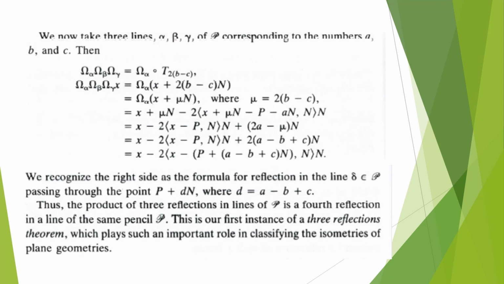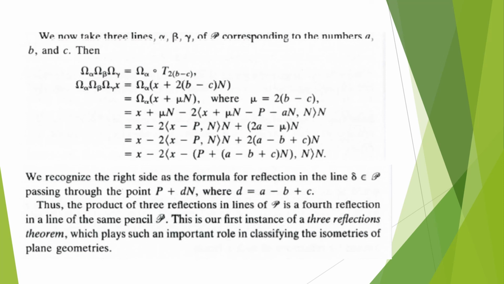x plus mu n minus 2 times the quantity x plus mu n minus p, dot n, times n. Then x minus 2 times the quantity x minus p, dot n, times n plus 2 times a plus mu times n.